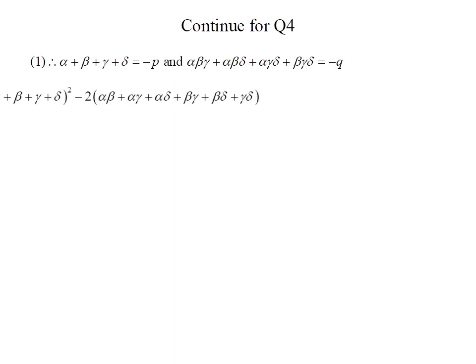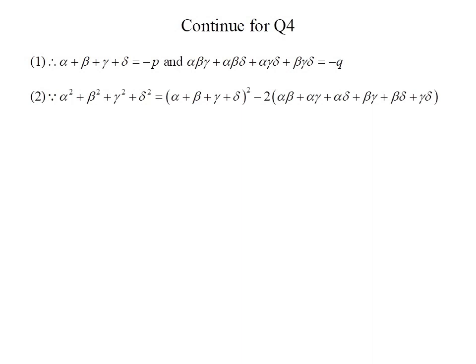As for the second question, the sum of alpha squared, beta squared, gamma squared, and delta squared can be expressed as the squared sum of all the roots minus 2 times the sum of alpha beta, alpha gamma, alpha delta, beta gamma, beta delta, and gamma delta, which results in p squared minus 2q.